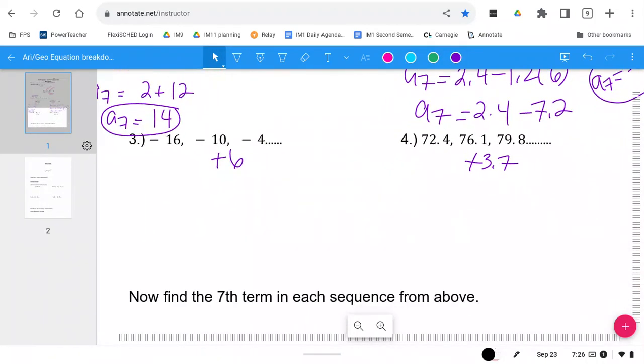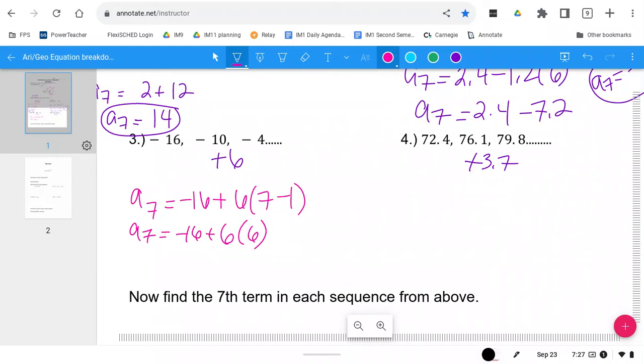So go ahead and pause the video and try 3 and 4 on your own. See if you can do it without my help. Okay, this one, first term, distance I'm traveling. Six times 6 is 36. Add those together, and we get 20.